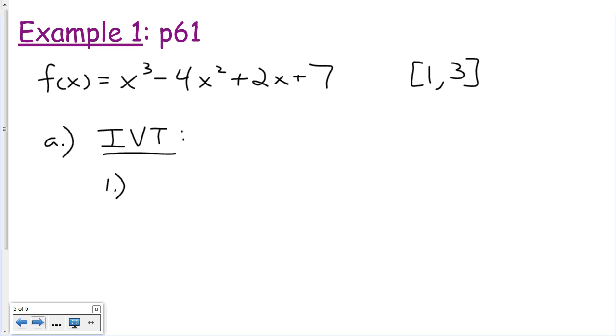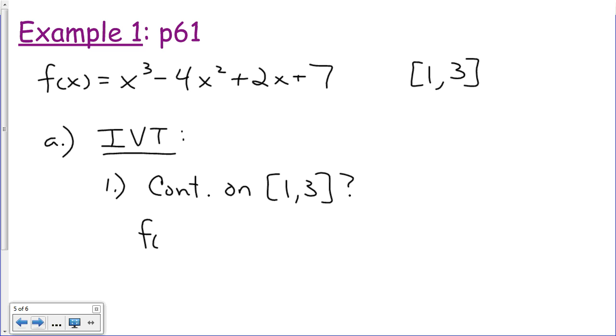So the first condition is about continuity. Are you continuous on the closed interval, in this case from 1 to 3? Well, if you look at what function we're working with, it's a polynomial function. In a previous section, section 2.4, where you dealt with continuity, one of the problems you worked on was proving that polynomial functions are continuous.